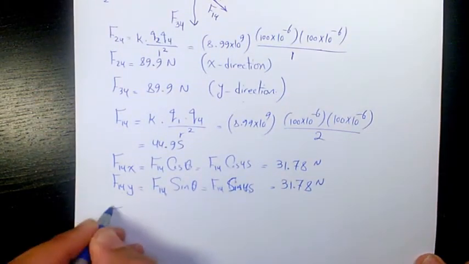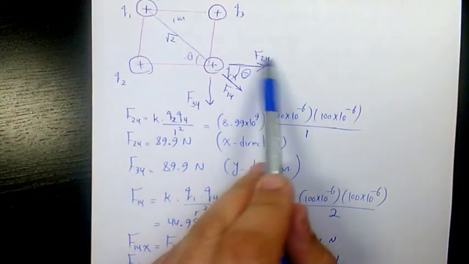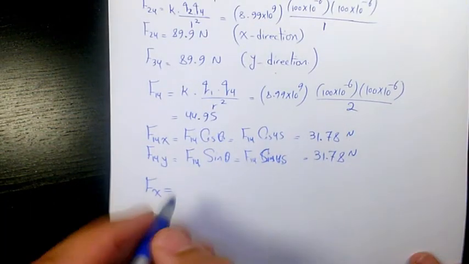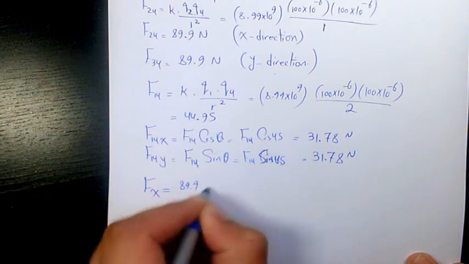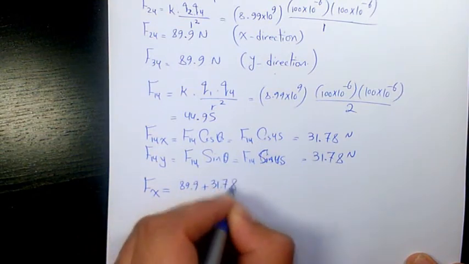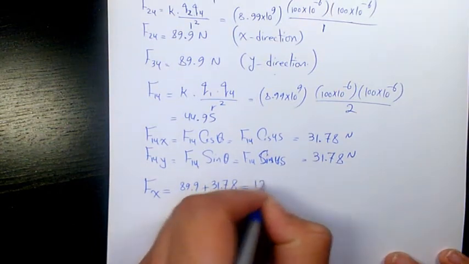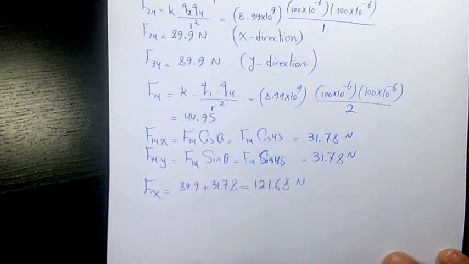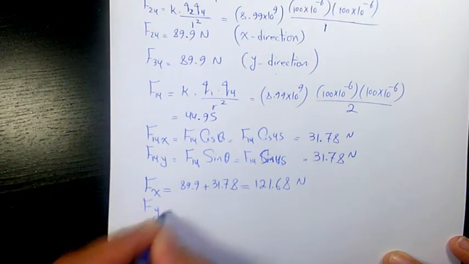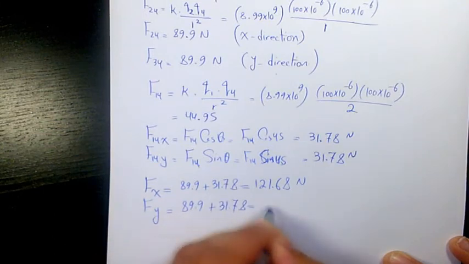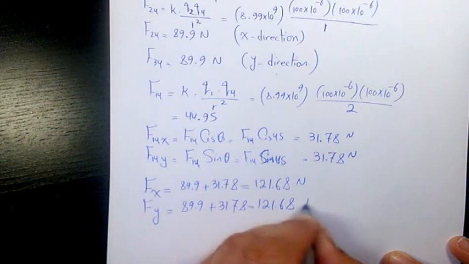So I can say Fx is going to be F24 plus F14x, so that's going to be 89.9 plus 31.78. And I can do the same thing for the Y direction, 89.9 plus 31.78. That's going to be 121.68 Newton.